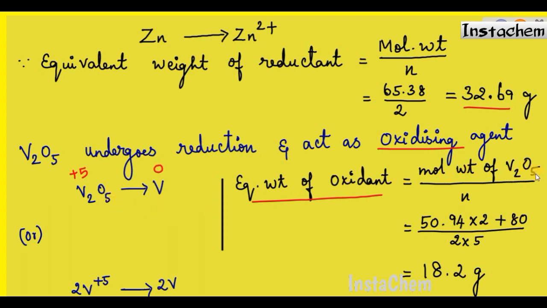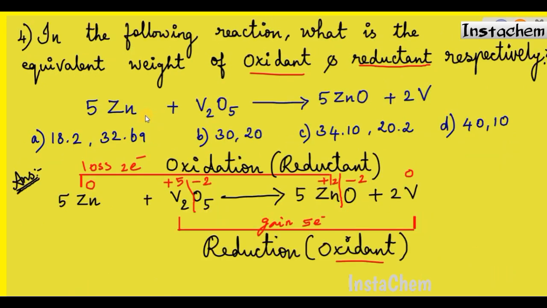Molecular weight of V2O5: vanadium 2 times, each vanadium 50.94, so into 2, plus oxygen carries 16, 5 times 16, that is 80, divided by 2 into 5, because the number of electrons transferred is 5 and we have 2 vanadium. So we have to write 2 into 5, that is right. We will get 18.2, that is the answer, 18.2. So the answer is A from the calculation.